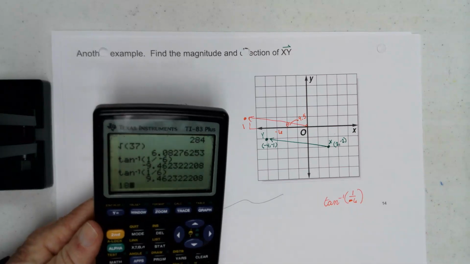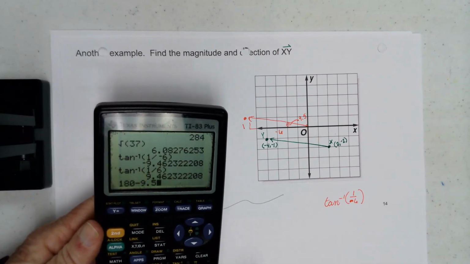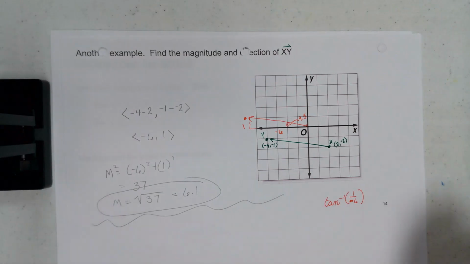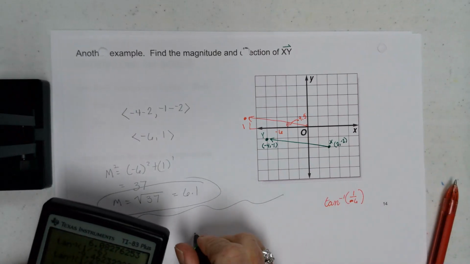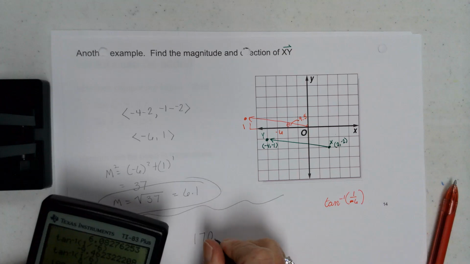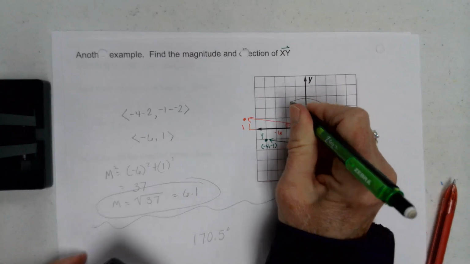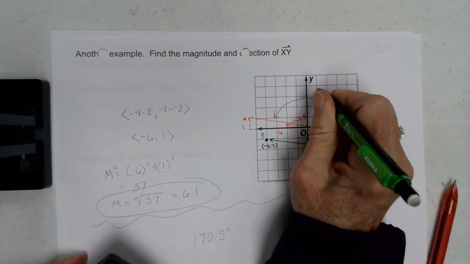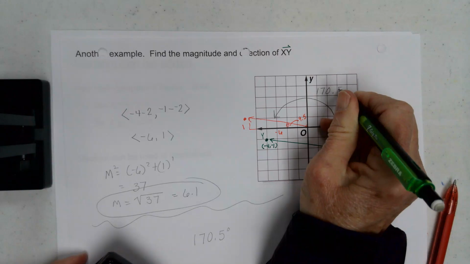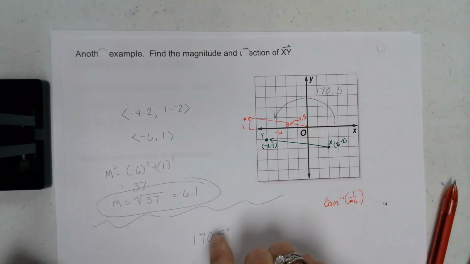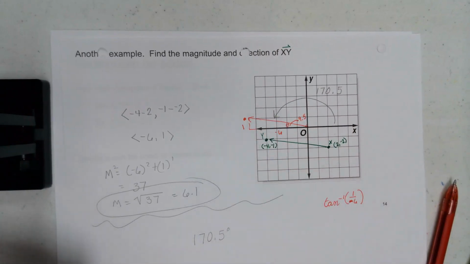So 180 minus 9.5 is going to give me a direction of 170.5 degrees. That angle right there would be 170.5. It's 9.5 short of the 180.